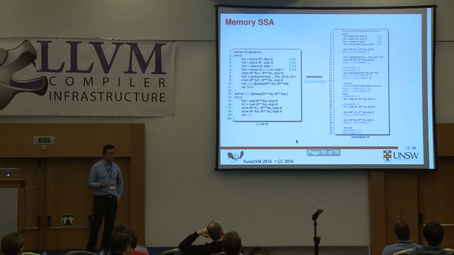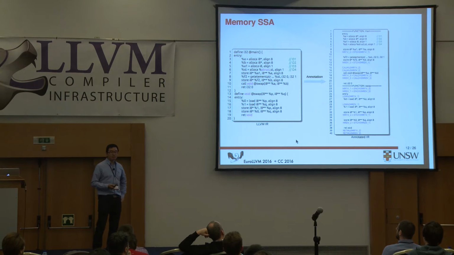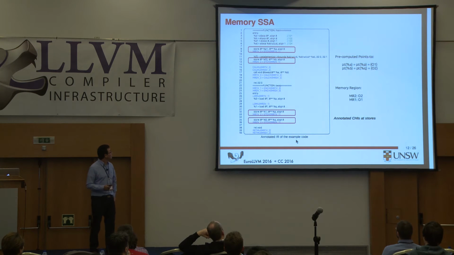So let's take a look at how it looks after translating the previous example to LLVM IR, annotating all the side effects and building the memory SSA. It looks like this. Let's take it step by step. First, we annotate the side effects with mu and chi, highlighted in blue.